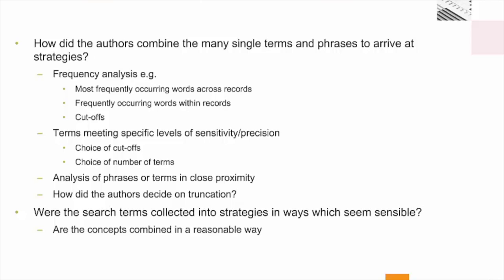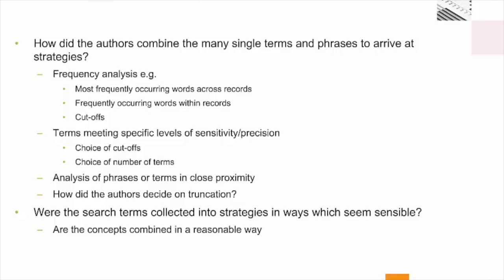Once the authors have identified individual search words and phrases, they will then have to make selections, and the selection process should also be described in the paper. So selections may be guided by some form of frequency analysis, so authors might choose the most frequently occurring words, or they might introduce words that appear in more than 50% of records.